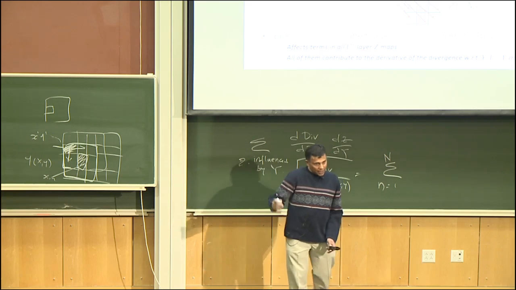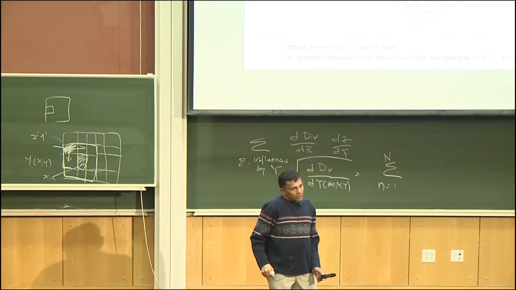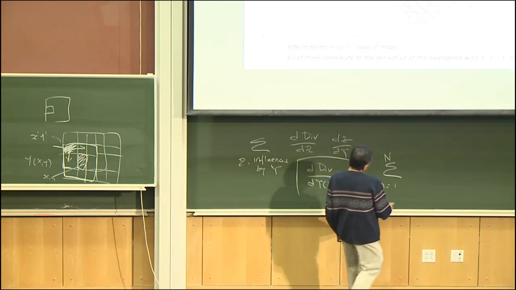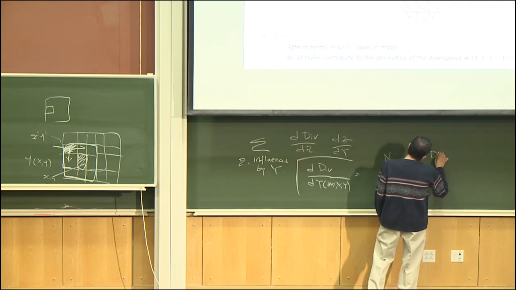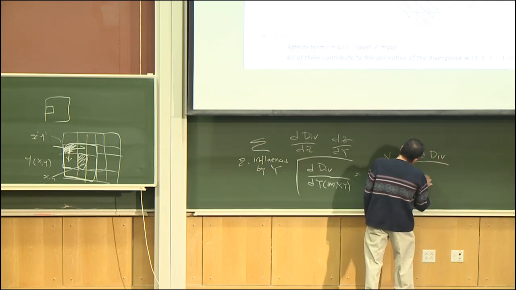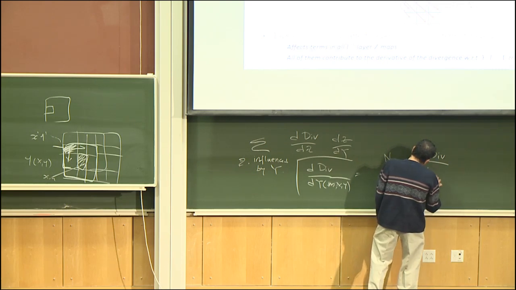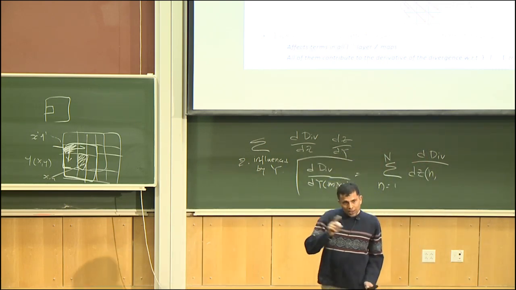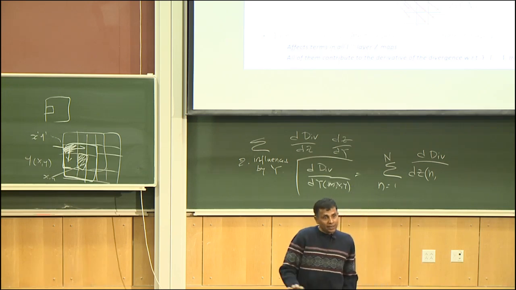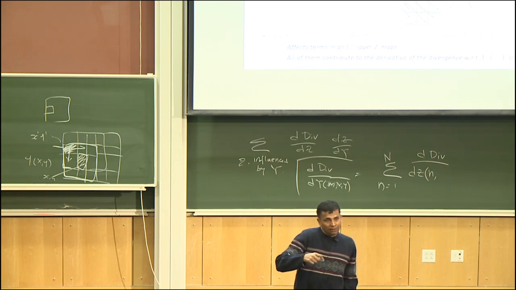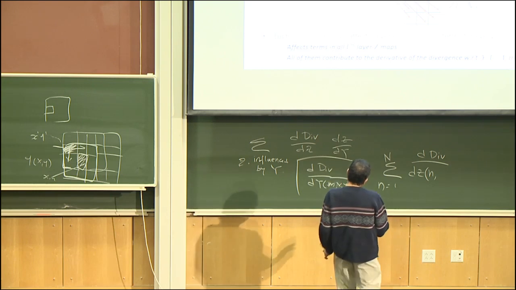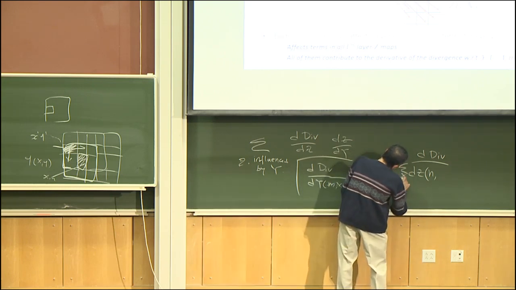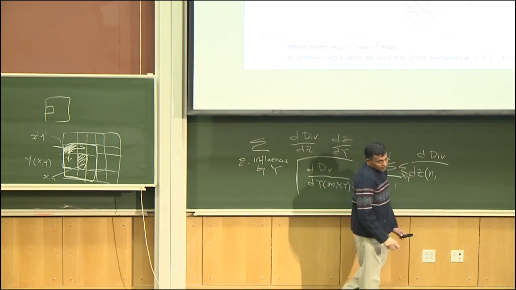If you have N maps in the nth layer, you're going to be summing over all of them. So this is the derivative of the divergence with respect to z, and I'm not showing the position index, but I'm showing you the map index, right? And then you're going to be summing over the entire region of z, because every single z is potentially influenced by the y, right? So it's going to be a summation over all xy in the z.